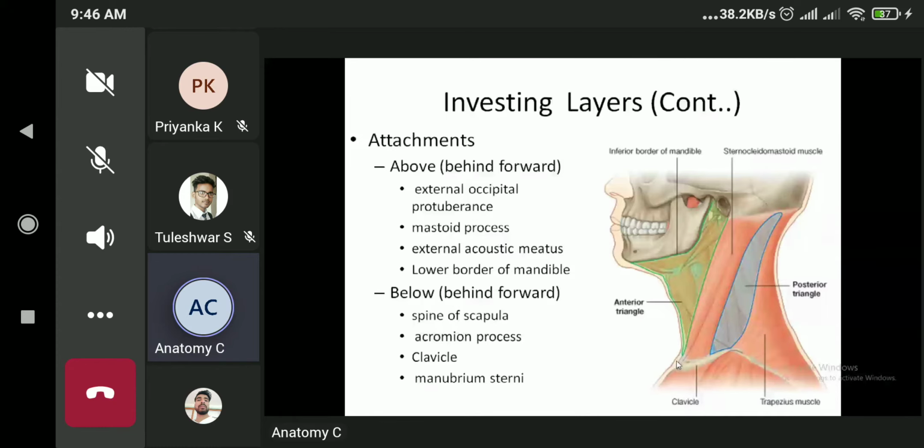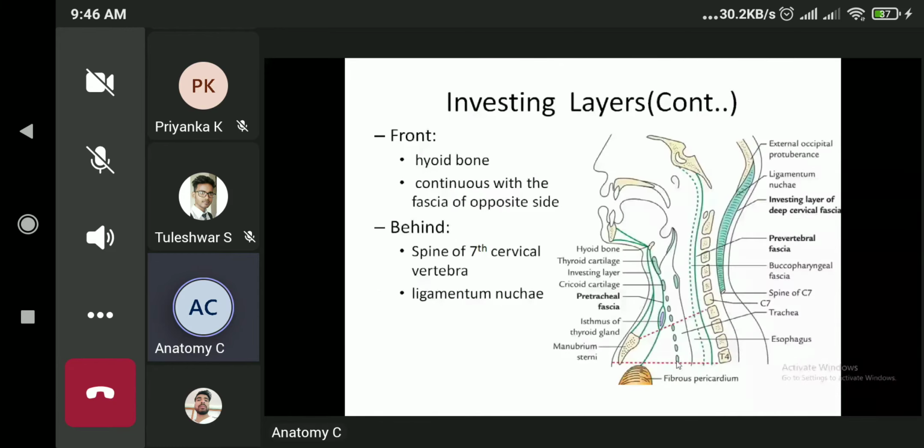Besides, the anterior and posterior attachments are clearer from this diagram. See here, this green color represents the investing layer. Anteriorly, it extends from the base of the mandible to the hyoid bone, and from there to the manubrium sterni, the upper border of the manubrium sterni. At its attachment to the manubrium sterni, the investing layer splits into anterior and posterior layers.